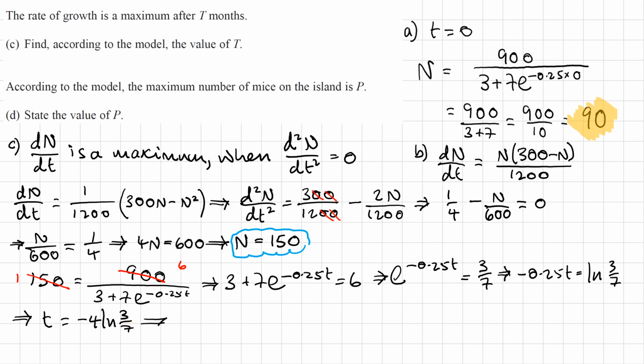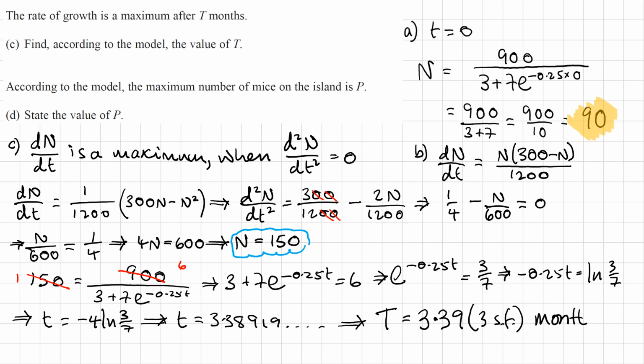So let's do that. We should get a positive answer, and I get 3.38919. Okay, now they've used big T, so let's use big T. So T is equal to, and we'll give it to 3 significant figures, 3.39. Now remember, this is months. Okay, so we've got our value for T highlighted, and we'll move on to the next part of the question.